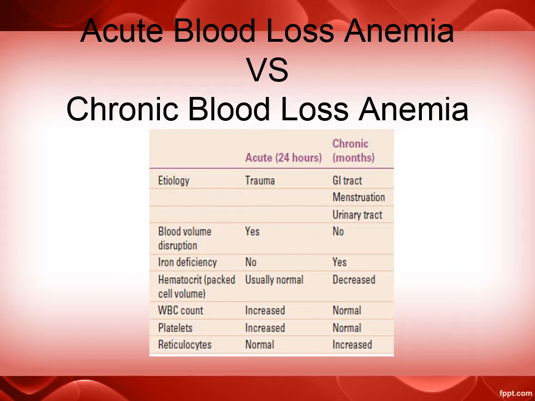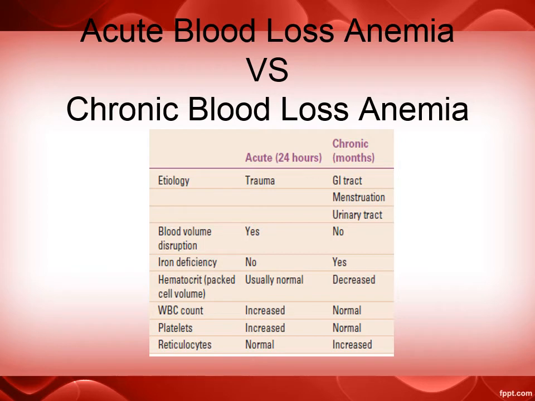There is no iron deficiency. The hematocrit or packed cell volume is usually normal. The WBC and the platelet count are increased because there is a shift to the left, and the platelet count will be elevated within 1 hour.